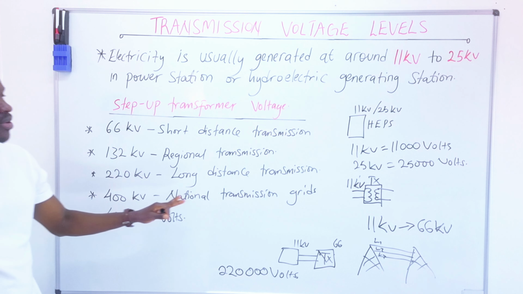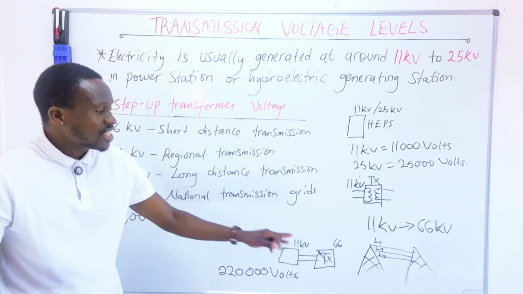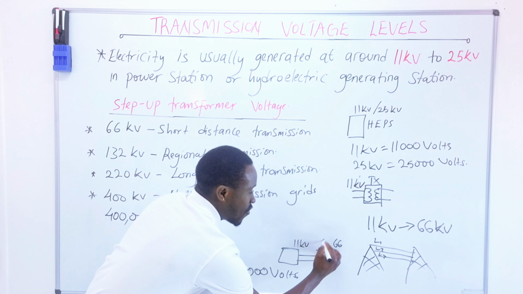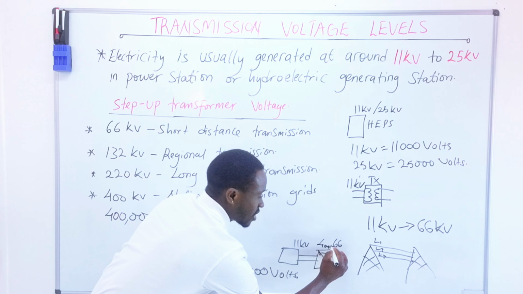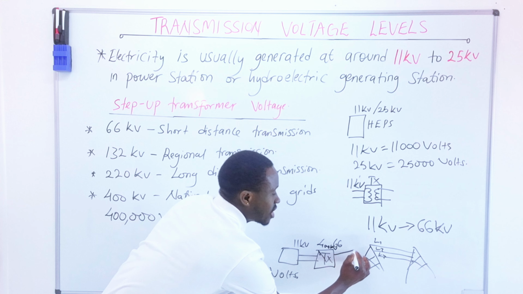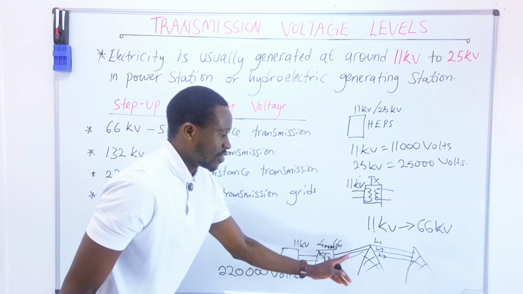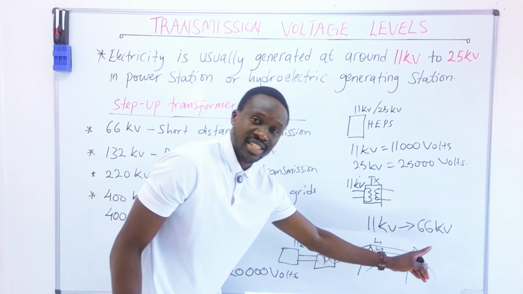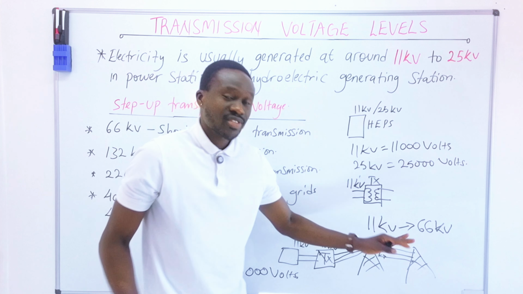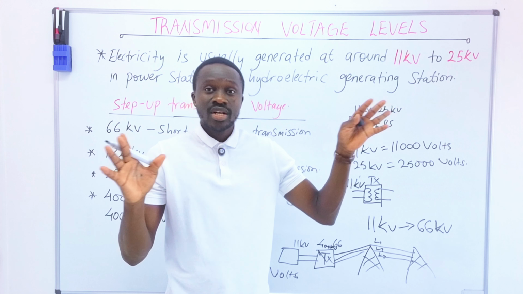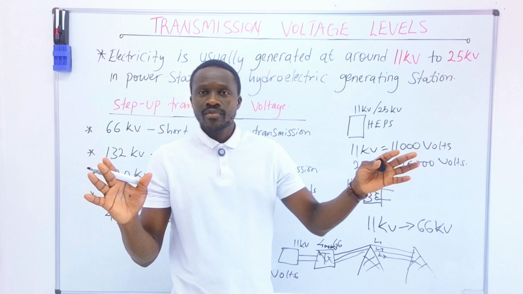Okay? Now, after stepping up to 400 kV, it will be taken to these pylons to transmit. That's why you see these pylons. They pass through areas where people don't live.